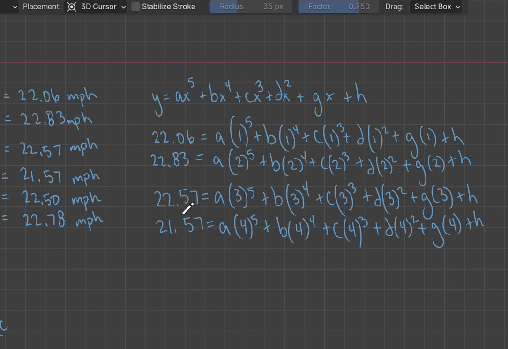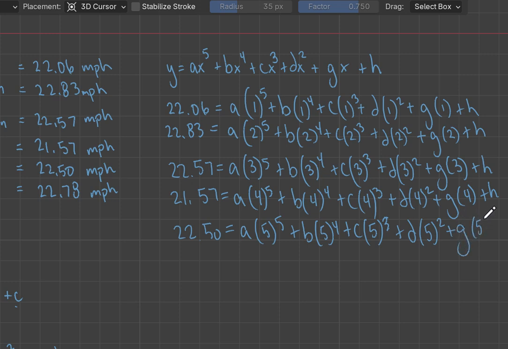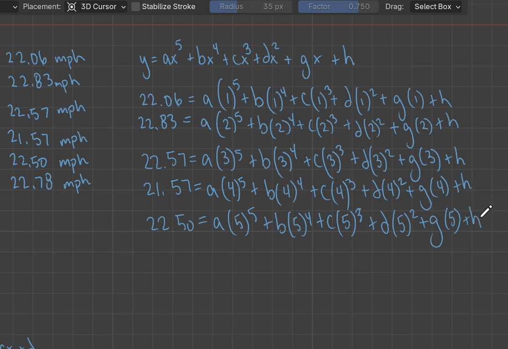Okay, so now we have 22.50. It's a 5 to the fifth plus b 5 to the fourth plus c 5 to the third, plus d 5 squared plus g times 5, and then plus h.